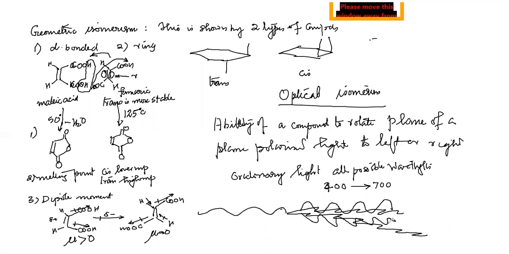So all possible wavelengths in all possible directions, in all possible planes. That is what is called ordinary light.